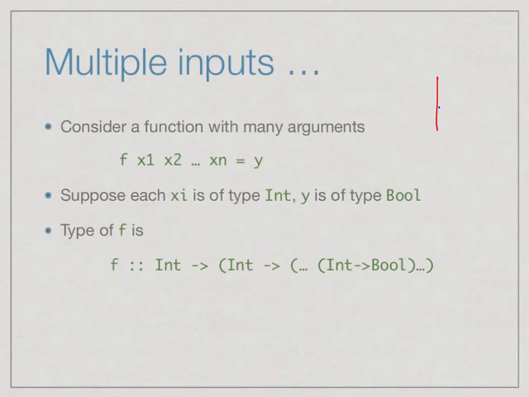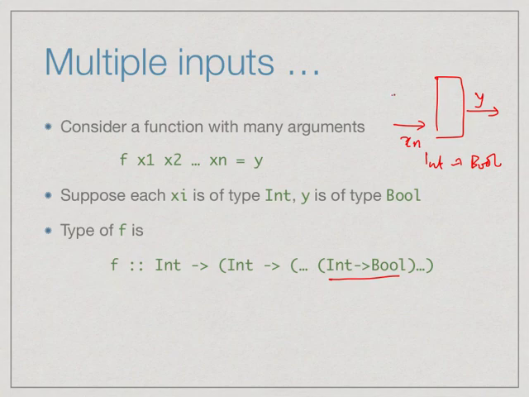The last box would take the last input xn and produce y. So this would be int to bool. This is this last thing, and then the previous box would have taken xn minus 1 and produced this function that will be int to int to bool and so on. So we'll get this nested sequence of int to int to int to int finally with an int to bool.